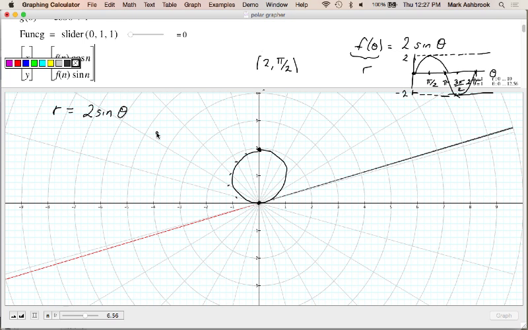And what circle might we think it is? Radius of 1. Center 0, 1.